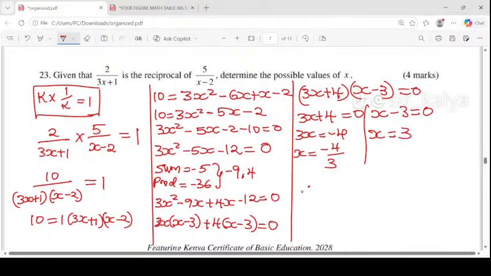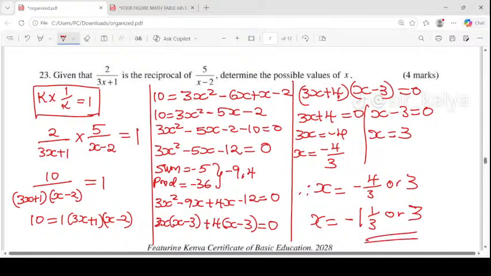So therefore, x will be equivalent to negative 4 over 3 or positive 3. To be on a safer side, let's write this as x being equal to negative 1 and a third or 3 in simplest way. Those are the two possible values of x, a very simple question.